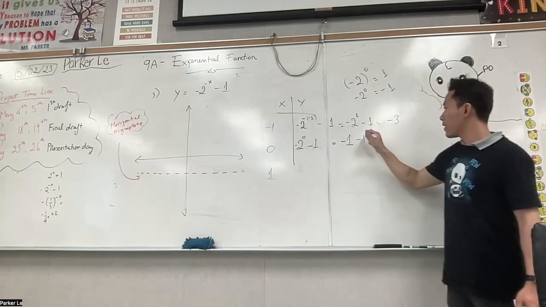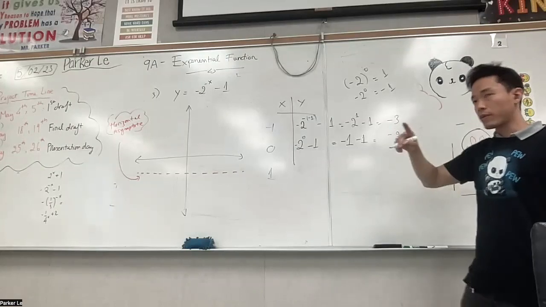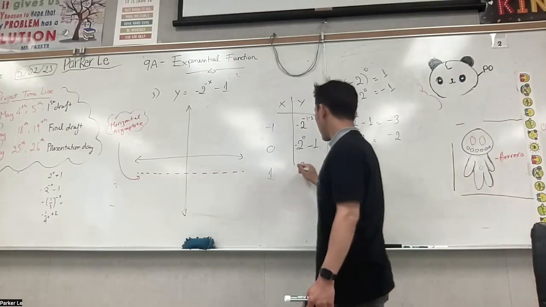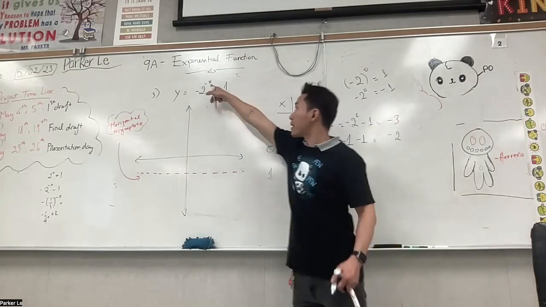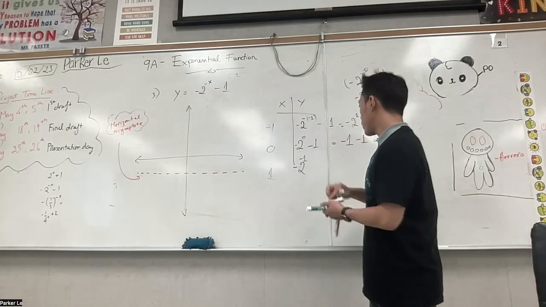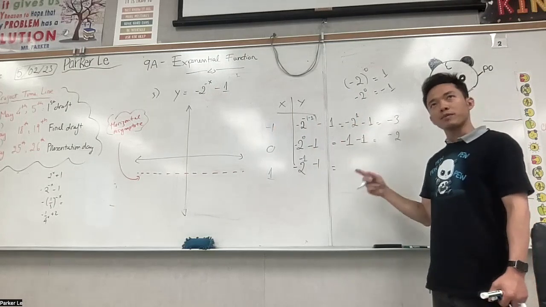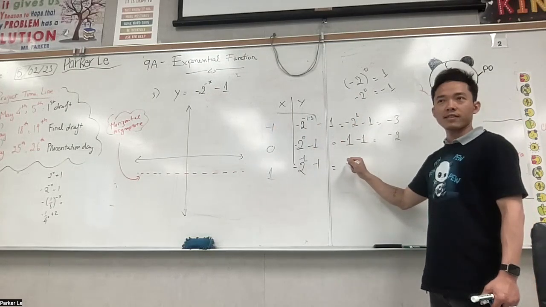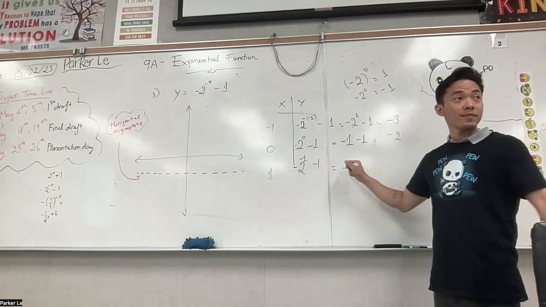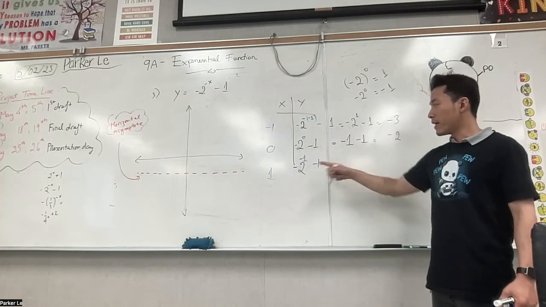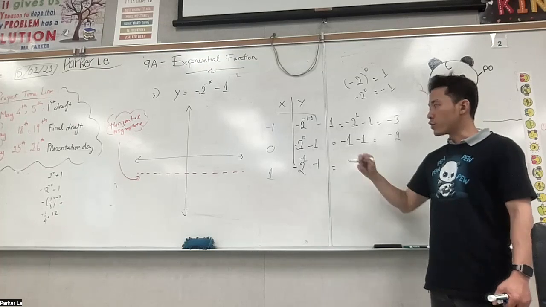Be careful. So what is -1 minus 1? -2. So I have 2 to the power -1, but I have the negative there already. What is -2 to the -1?